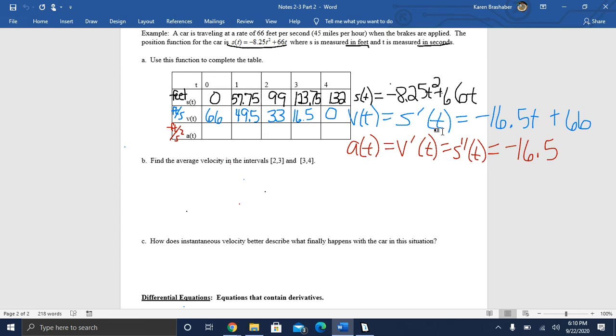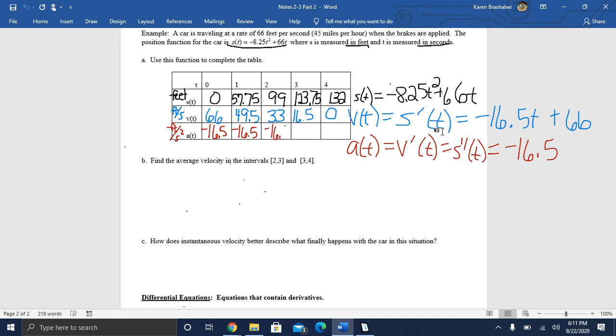And then finally, we have the acceleration. Now, your acceleration is just a constant. It's negative 16.5, which actually isn't acceleration at all. Remember that velocity and acceleration are directional. So this is slowing down at a constant rate of negative 16.5 feet per second squared.